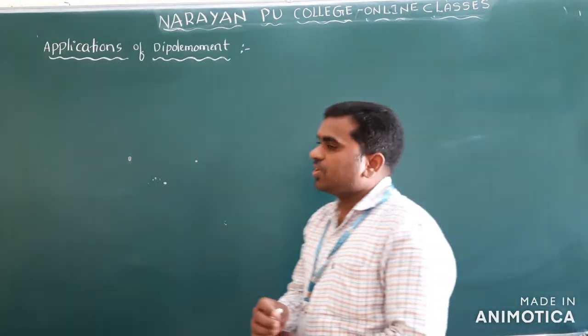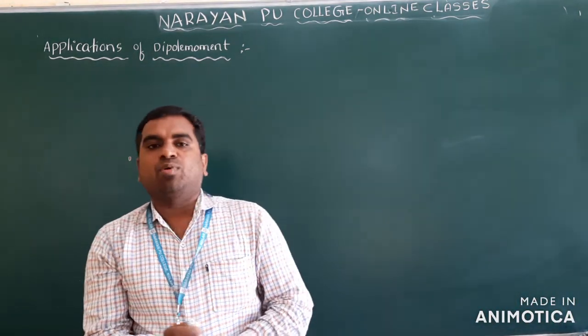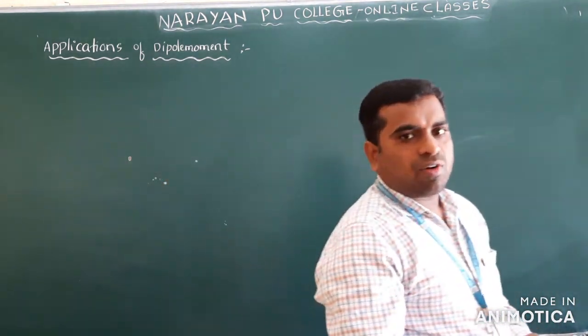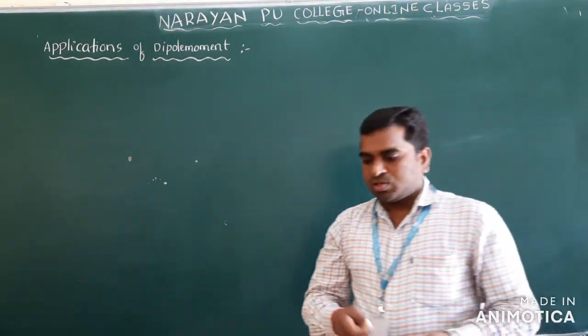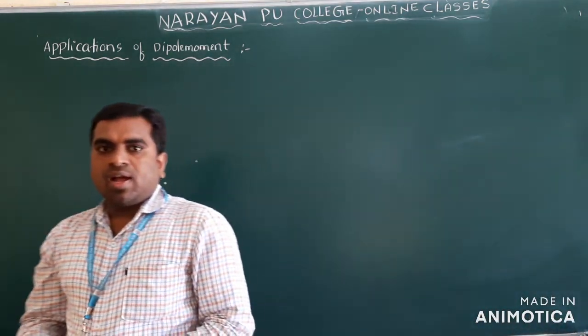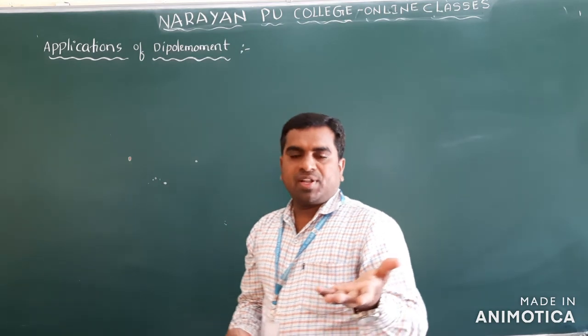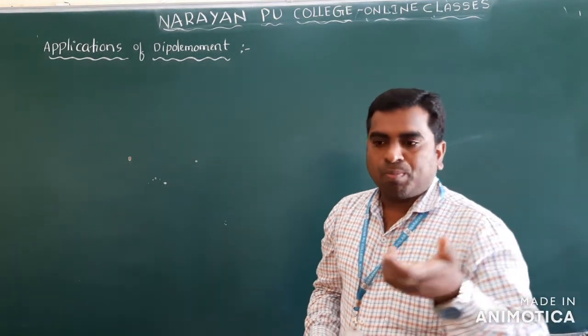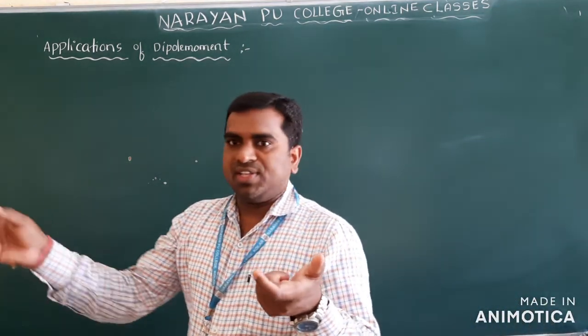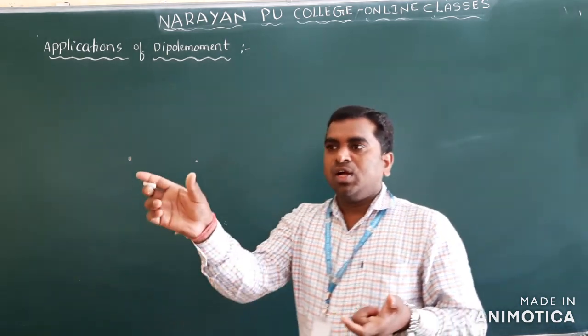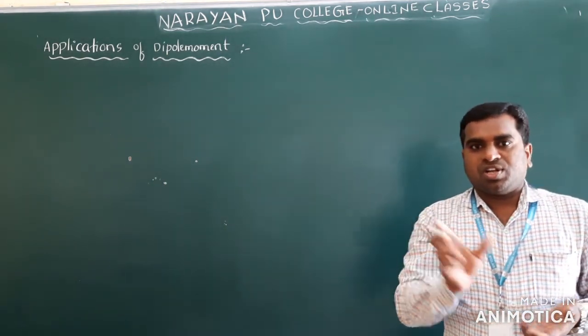In the last video, we discussed the definition of dipole moment. What is the dipole moment? The dipole moment is the product of the magnitude of charge and the distance between the two oppositely charged ions.